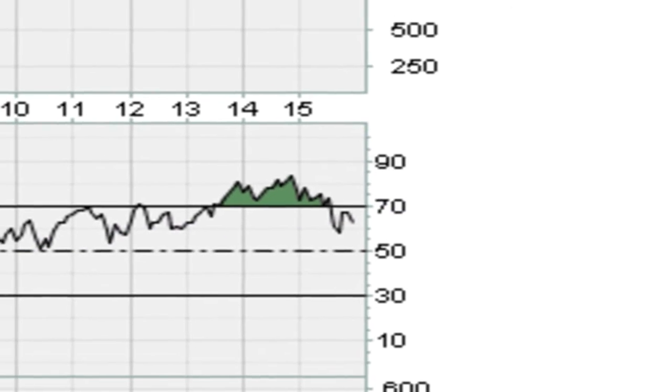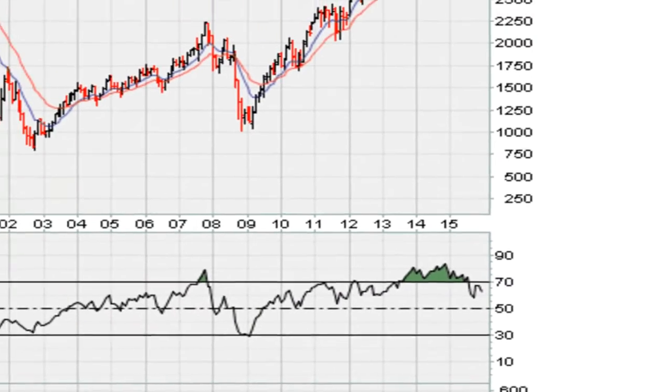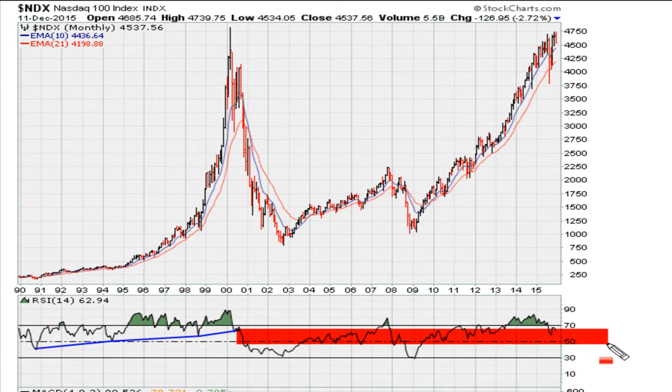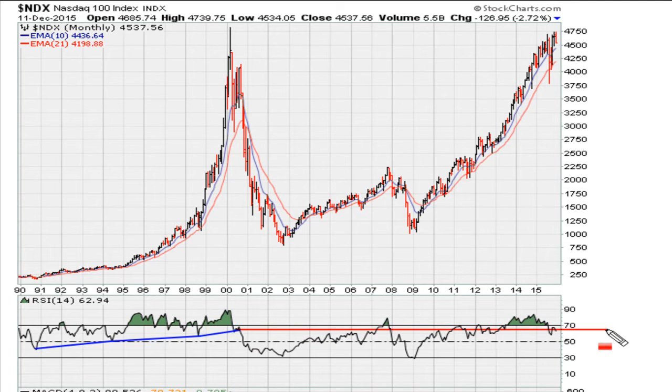Now there's another line that also goes back to the break here in 2000. So that line can be drawn like this, and this line is packed with information because you can see that every time we broke through here over the last 10 years or so, in fact 15 years or so, the market has gone on to a major bear market.